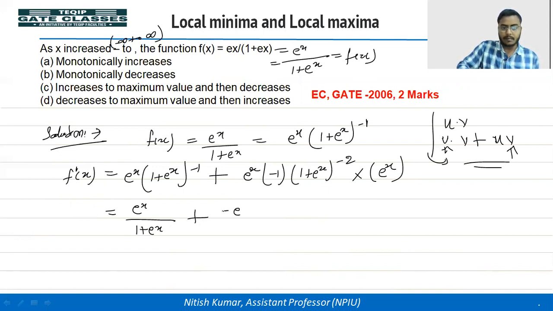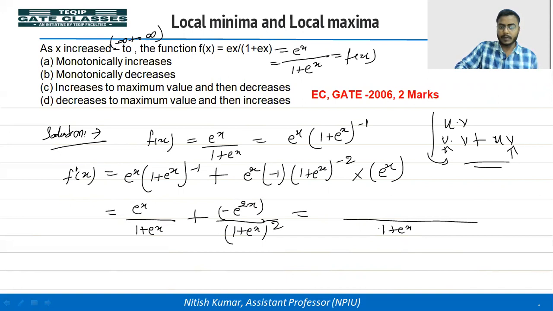Okay, now so finally what I'm getting here, we can write e to the power x, plus I'm getting this minus e to the power 2x, means we can write 2x, and then (1 plus e to the power x) square. Also we can simplify this one. LCM we can take (1 plus e to the power x) square.